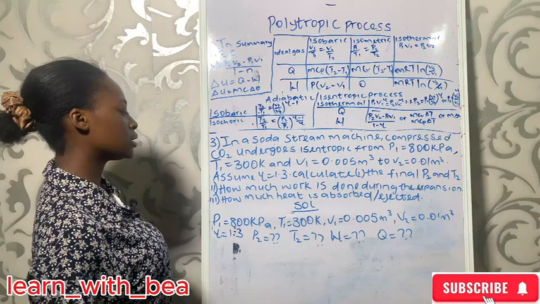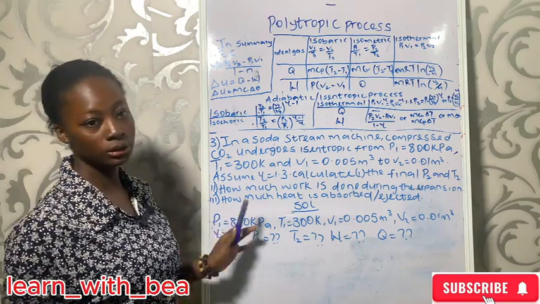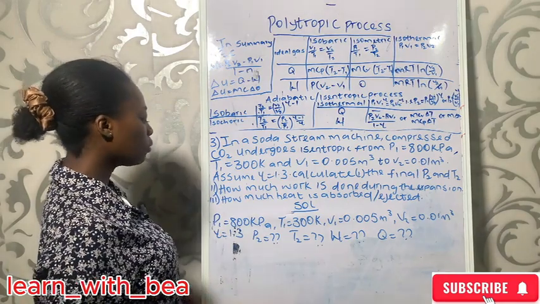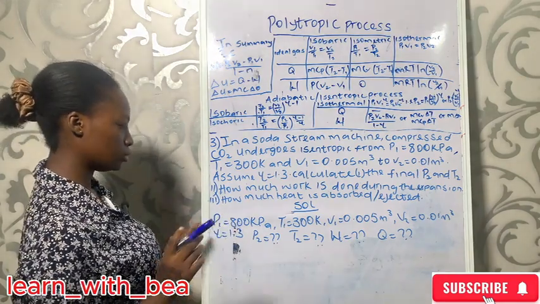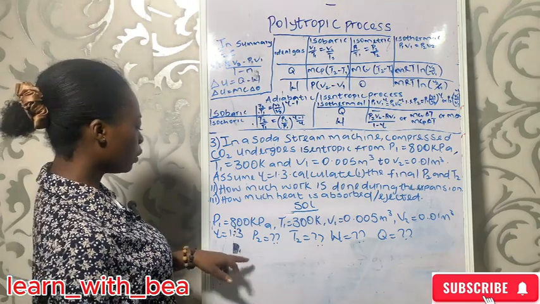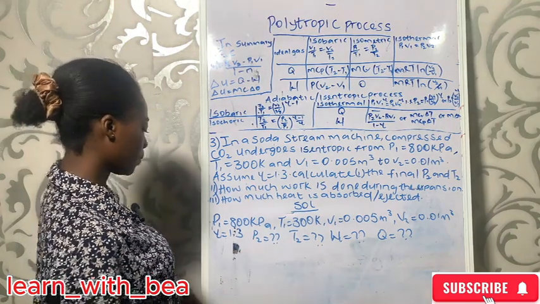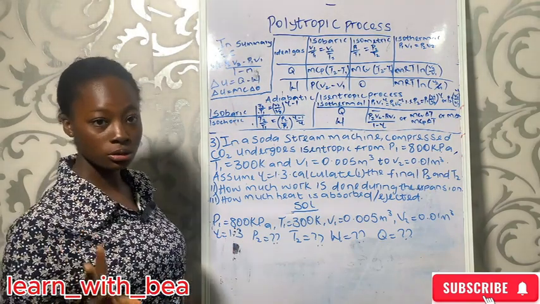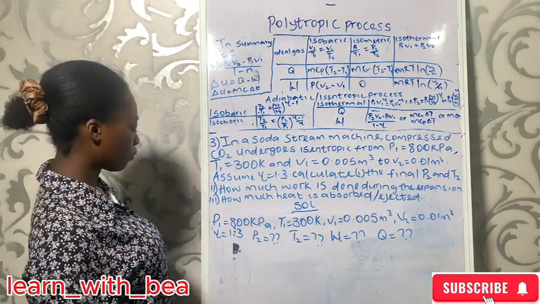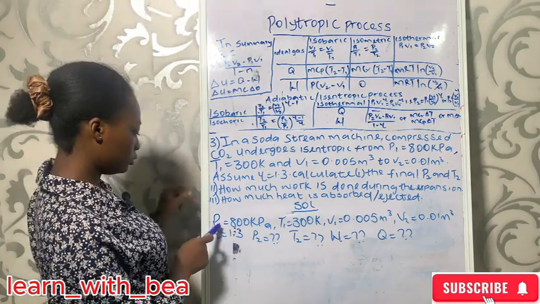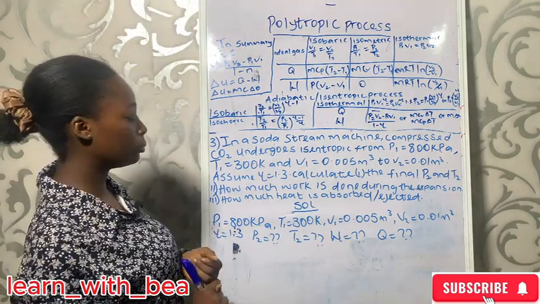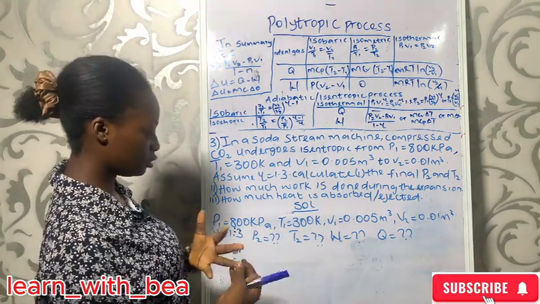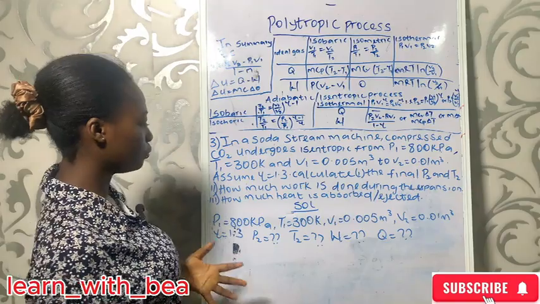So the formula, they didn't mention if it is constant temperature or constant pressure. But how we are going to know the exact one to use is we want to calculate P2, right? So I have one P1, so that's number one known under pressure. T1, that's number one known under temperature.